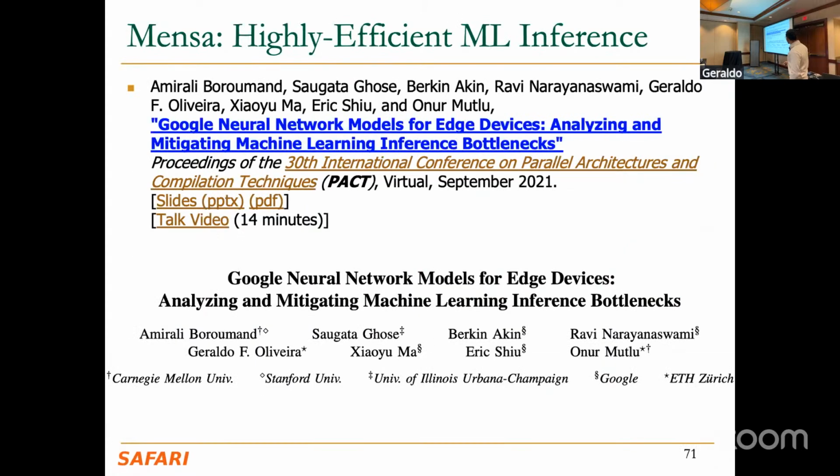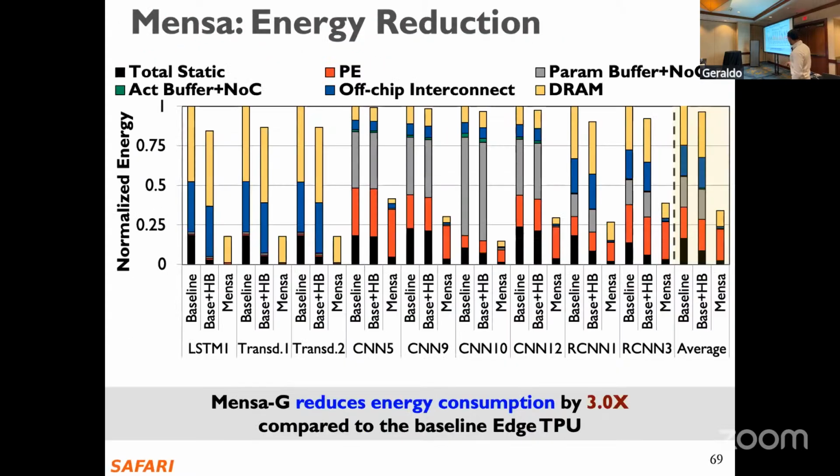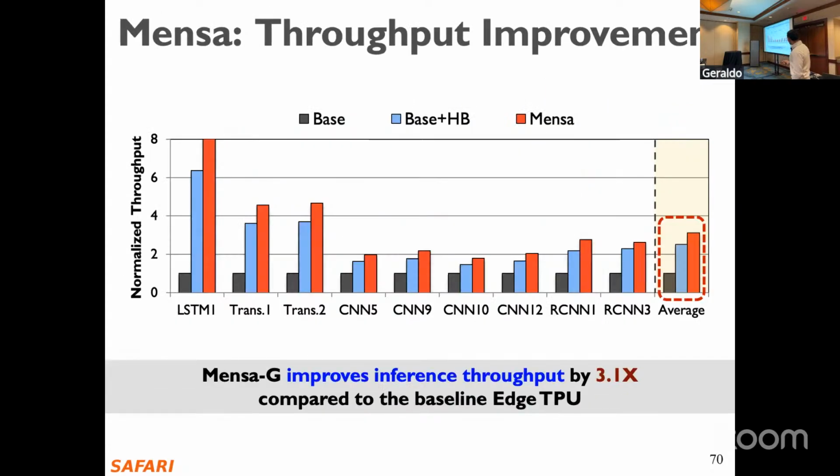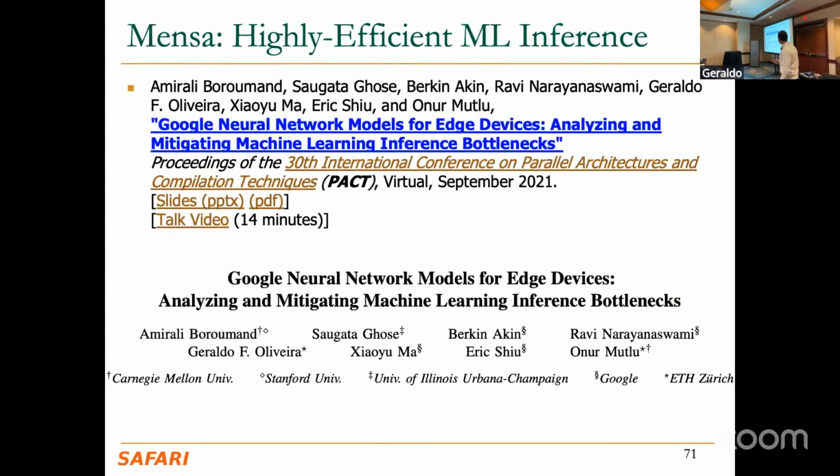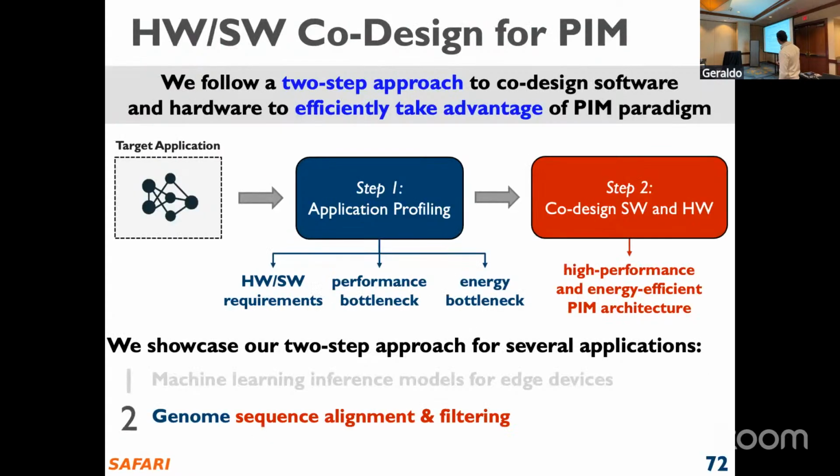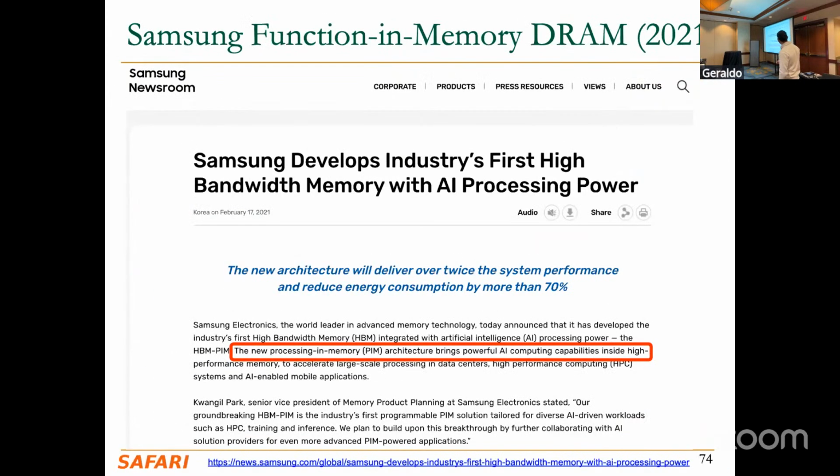Okay, so by doing so, basically we can improve energy utilization for the accelerator, and also improve throughput when you're doing the neural network inference. So this was the Google neural network model. Another example, which I'm not going to illustrate here, of fixed functional unit accelerators in industry, now not in academia anymore, is what Samsung is doing.